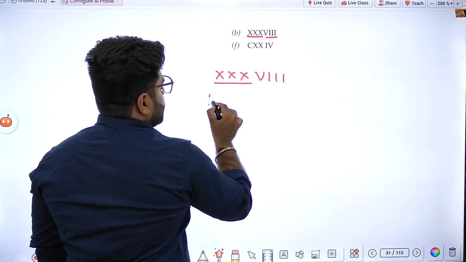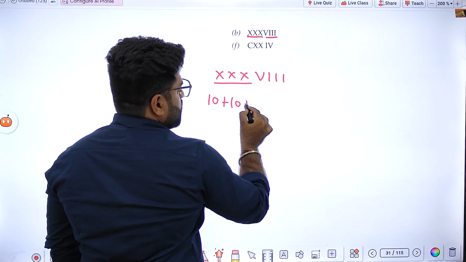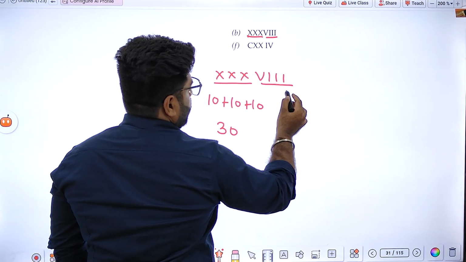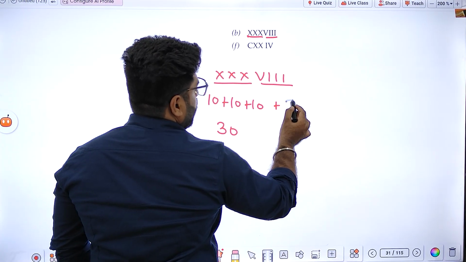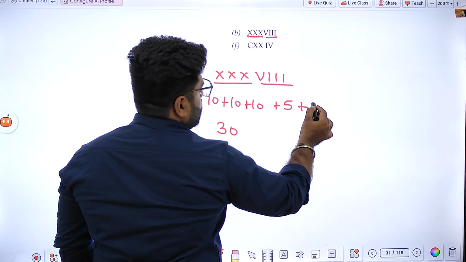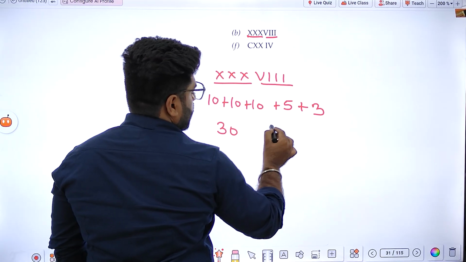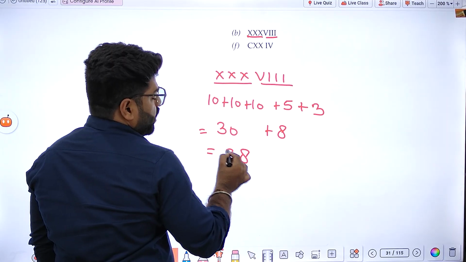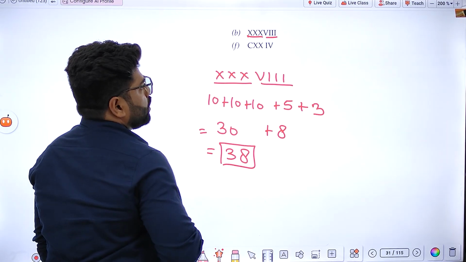Triple X means 10 plus 10 plus 10. So this will become 30. Okay. Here we have V for 5, and this is triple I, that is 3. So we can say this is 8. If we add them, we get 38. Clear?